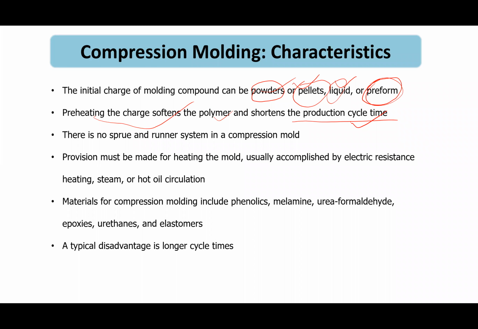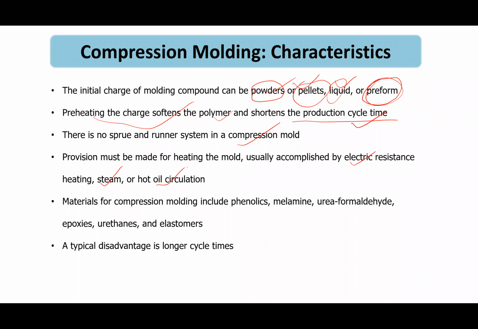There is no sprue or runner system in compression molding, and there must be provision for heating the mold to properly distribute the material and to reduce the amount of force required to distribute the material inside the whole cavity. That heating can be accomplished using hot steam, electric resistance heating, induction heating, or hot oil circulation around the mold cavity.